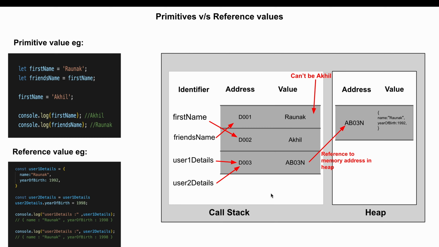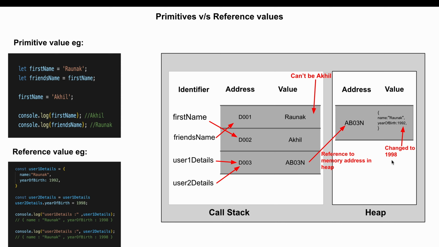Now we are going to get the answer to the question: why did it show 1998 for both the logs? In the next line, as you can see, we have updated user2 details dot year of birth to 1998, right? We have changed the value of year of birth from 1992 to 1998.